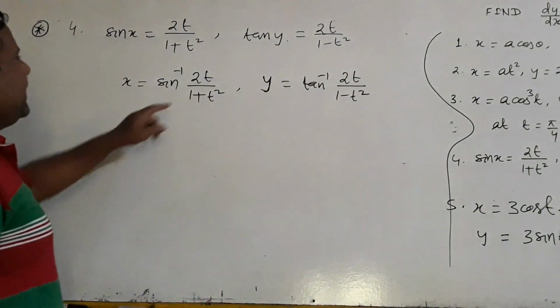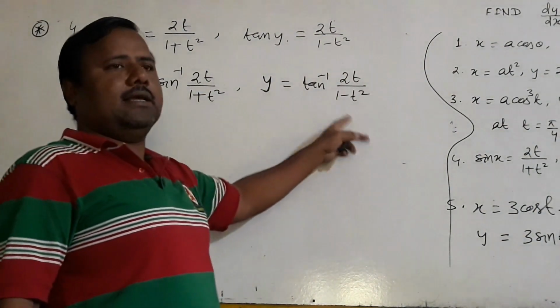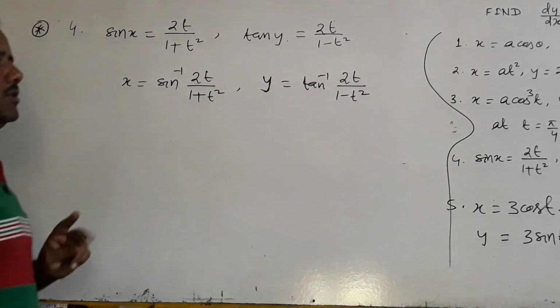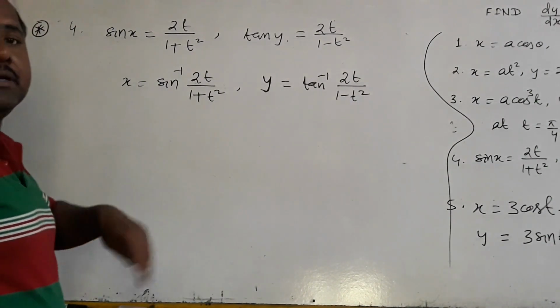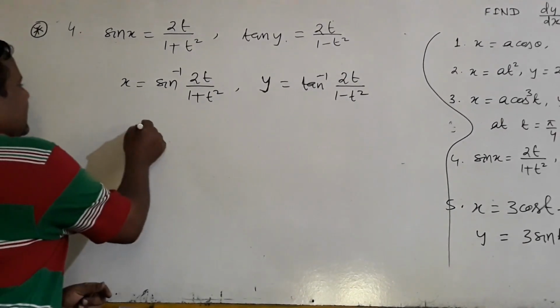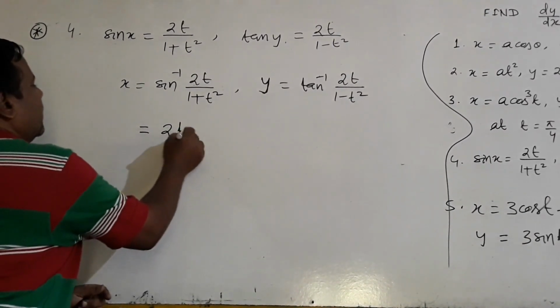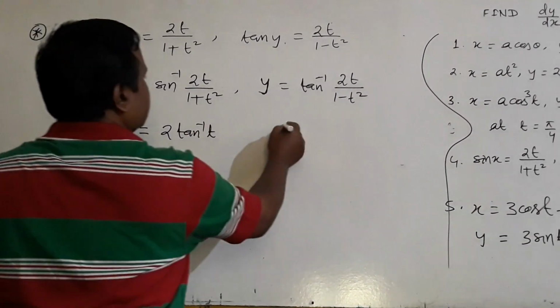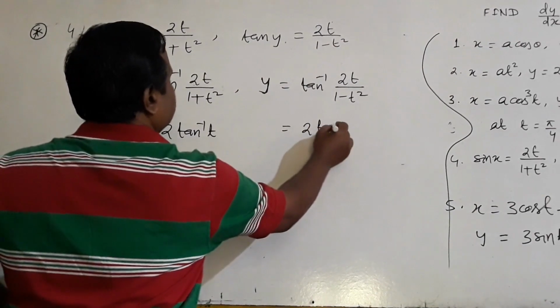Many students put t equals tan theta here and here, then do a very long process. But I am doing it very shortly, and I will teach you in my inverse trigonometry class. It is just 2 tan inverse t. You just remember it. And this is also 2 tan inverse t.